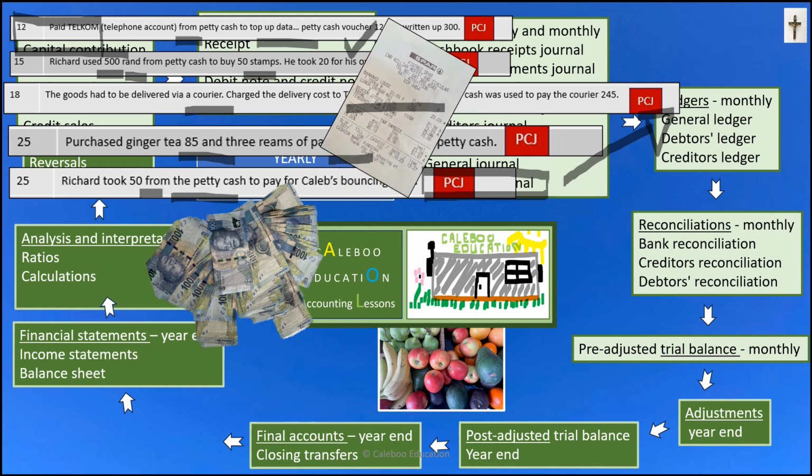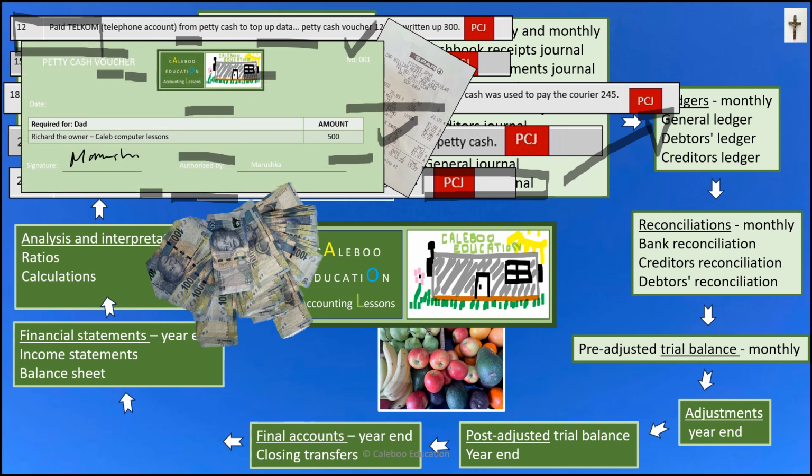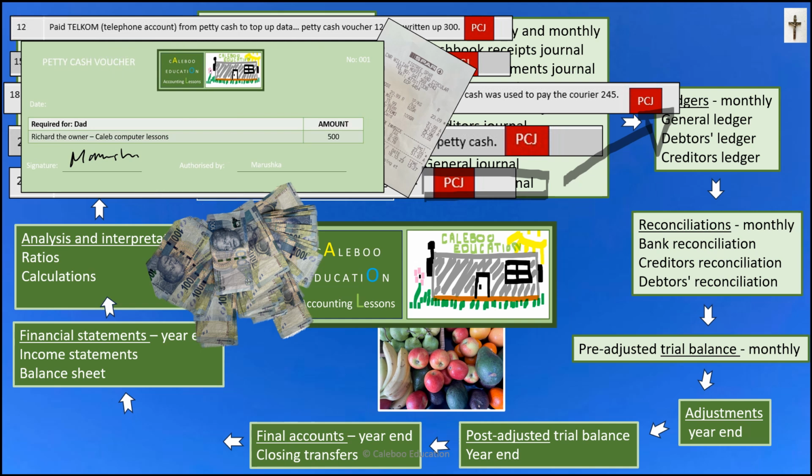So if I went and purchased something with the cash, I'd have to go back to the petty cashier with the slip and show this to the petty cashier. Then the petty cashier will draw up a document known as the petty cash voucher, and attached to the petty cash voucher will be the slip, the proof of payment that I received for purchasing an item.